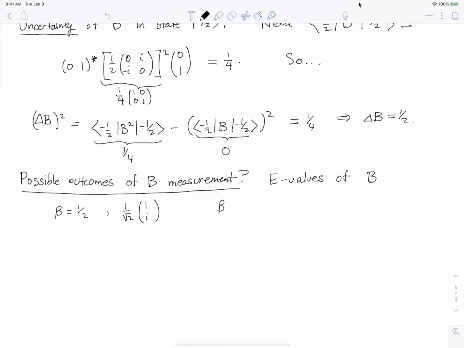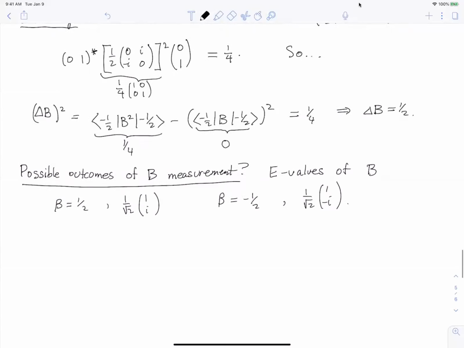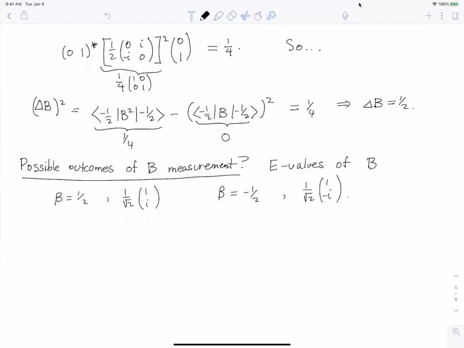The other possible eigenvalue is beta equals minus 1/2, and the corresponding eigenket is 1 over square root of 2, (1, minus i). But all we need really is the eigenvalues here: 1/2 and minus 1/2.